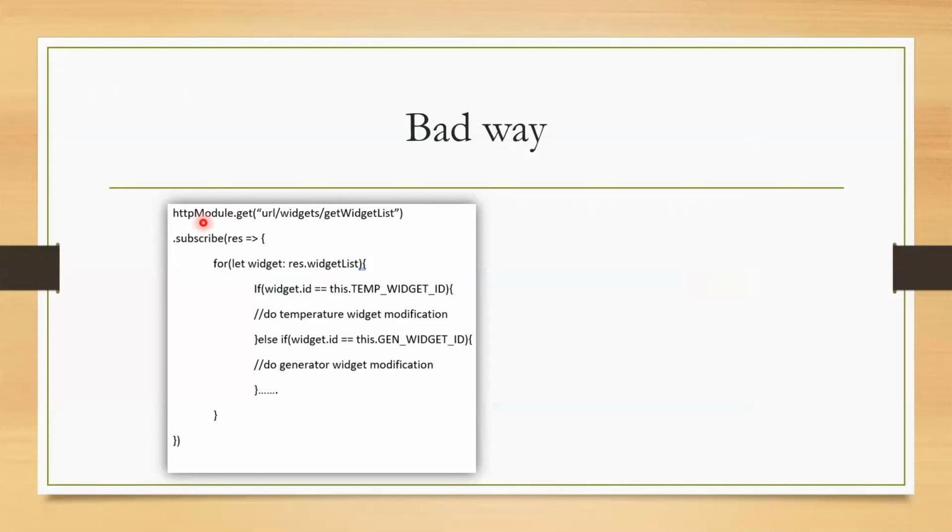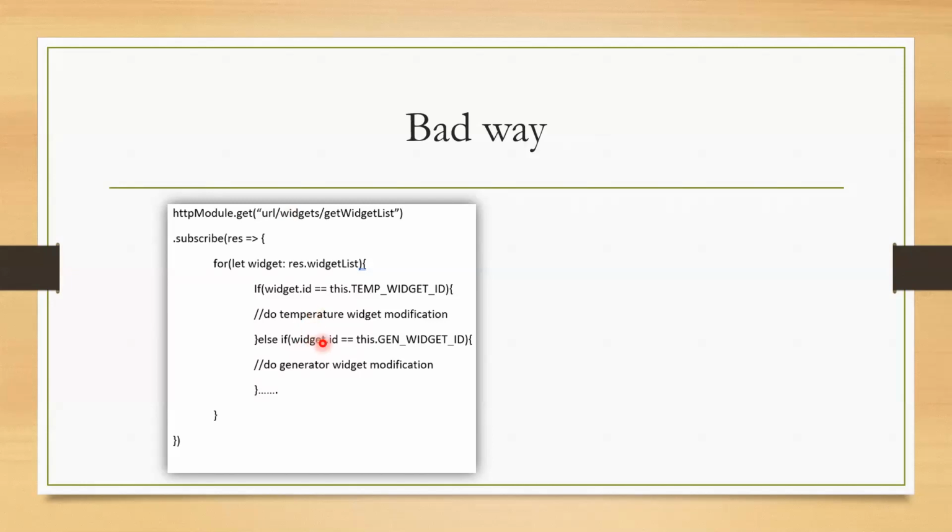The bad way is we can fetch the whole widget list with the HTTP module using a simple get call, and go through the widget list with a for loop. If the given widget ID is mapped to the temperature widget, we can draw the temperature widget.